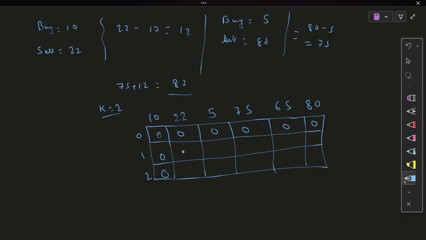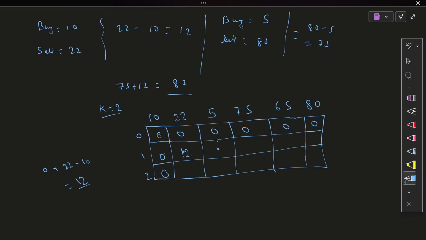Here we can do 0 transactions, or 22 minus 10, which gives 12 rupees as profit. Maximum is 12.